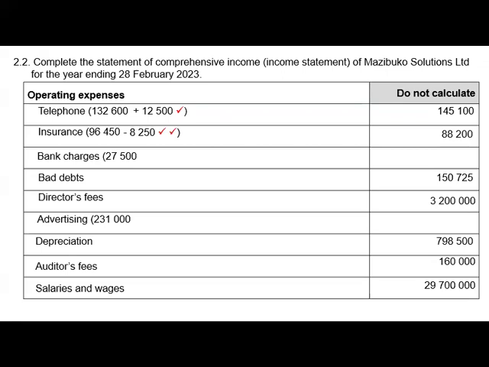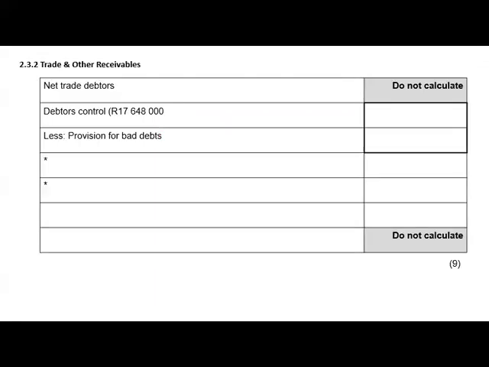That 8,250 is what we have already paid for in advance towards our insurance expense, and it qualifies to be a prepaid expense. A prepaid expense will be recorded in trade and other receivables as such. Done again. Easy, guys. Easy peasy, lemon squeezy.